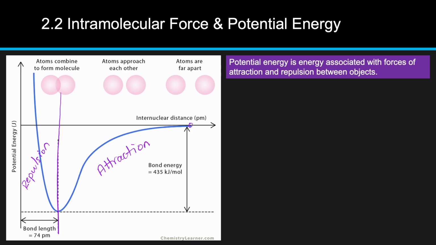So in here, they're so far away from each other that there is no attraction. But as they get closer to each other, they start attracting each other. Then they get to this sweet spot of attraction and repulsion where they balance each other out and it's a very stable bond. But then as soon as they pass that, they're getting too close to each other. Their potential energy goes very high and they want to get away from each other. So they're very reactive.